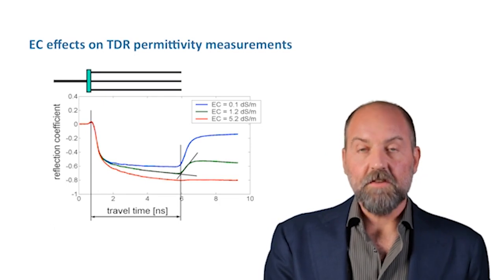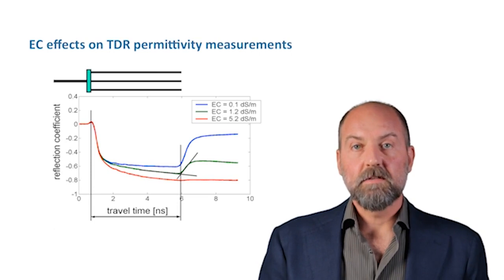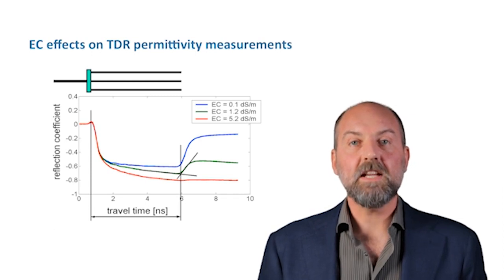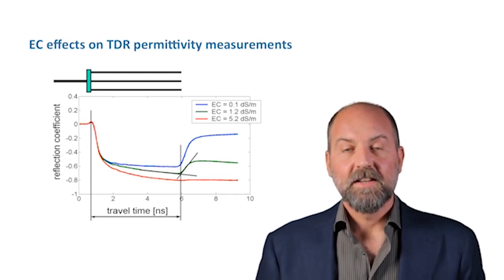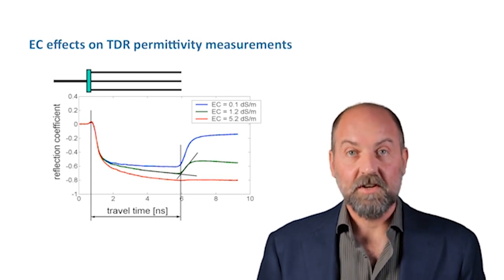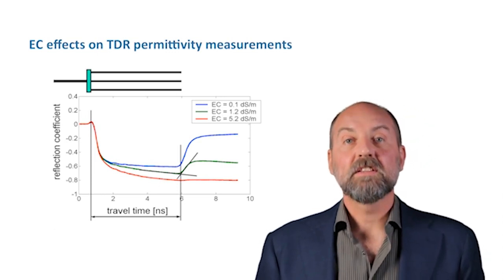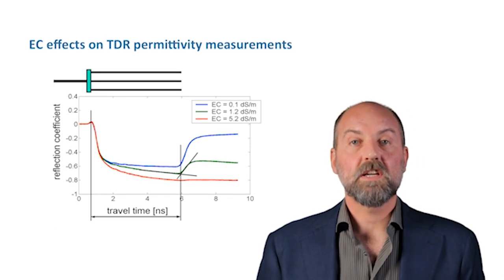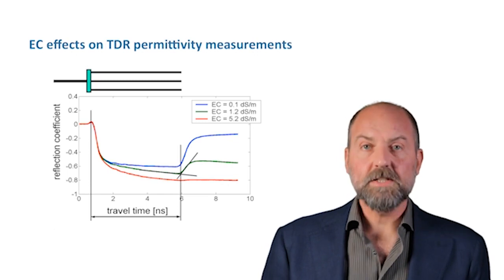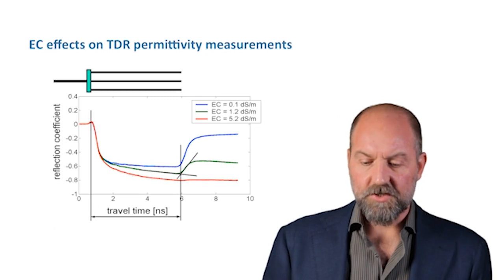The result is that if the system conductivity is too high, the signal becomes dissipated to the point that when it reaches the end of the probe, there is very little energy left and there is no reflection. There is too little energy for the reflection to take place. In that case, the technology fails. We cannot take TDR measurements when our sample is too salty or too conductive. And that is perhaps the most important limitation of TDR technology.